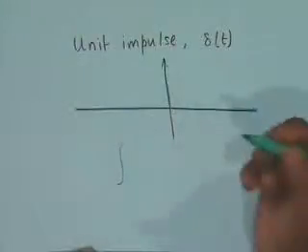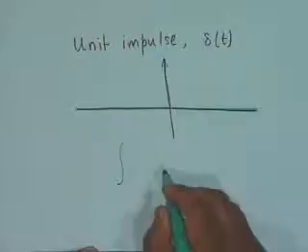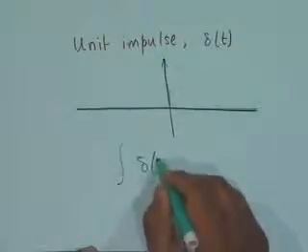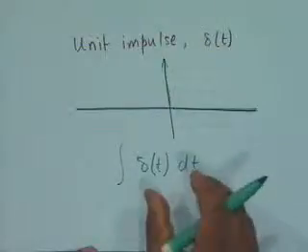Obviously, there are some mathematical problems in the definition, and therefore what one does is define a unit impulse function delta t by an integral, that is, the integral of delta t dt, which defines the area under the curve.